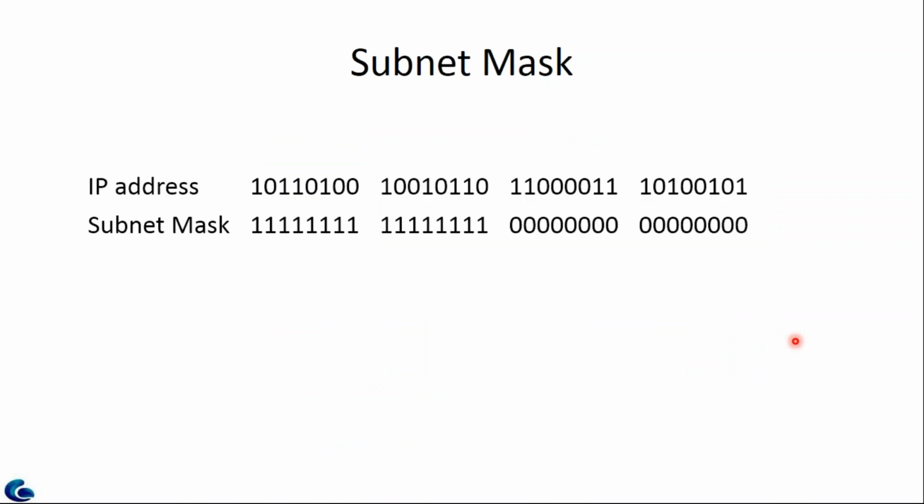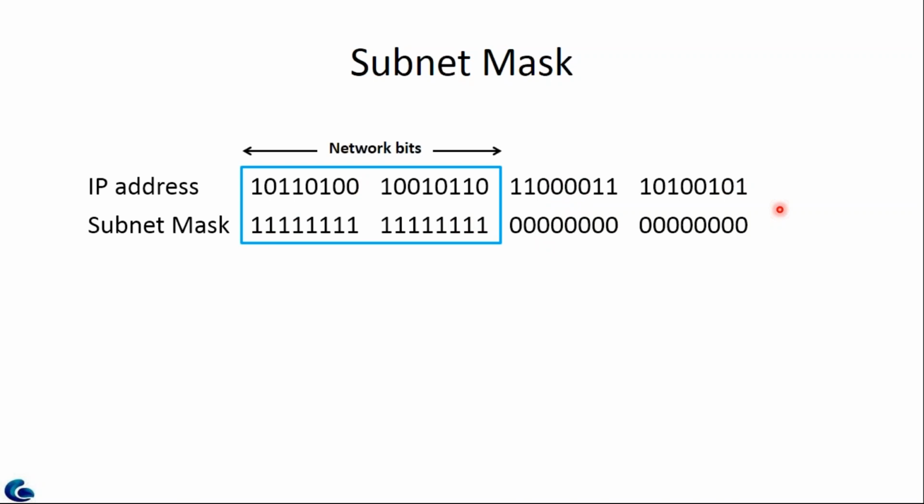For example, here you have an IP address in binary format, but in the subnet mask there are 16 ones which tell that it's the network, and 16 bits are hosts. So how do I do that? This is my network portion, simple, and this is my host portion.